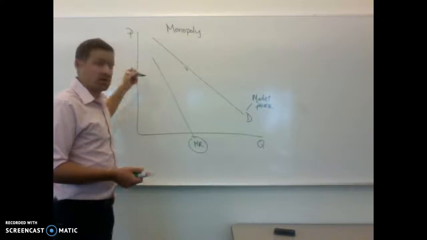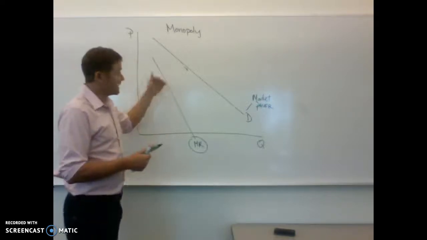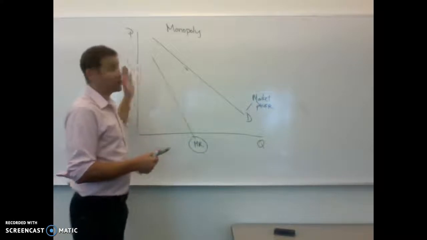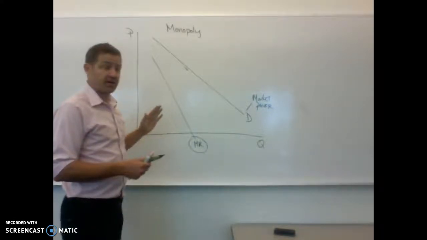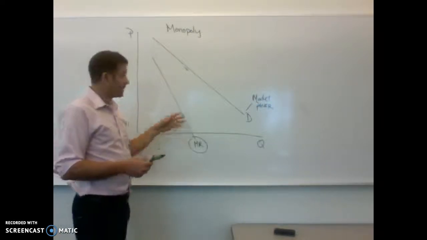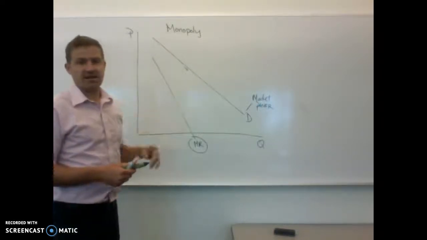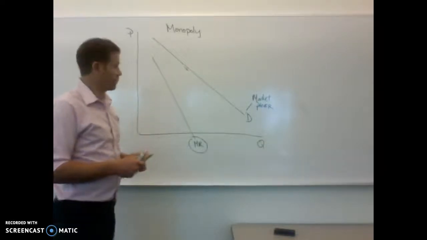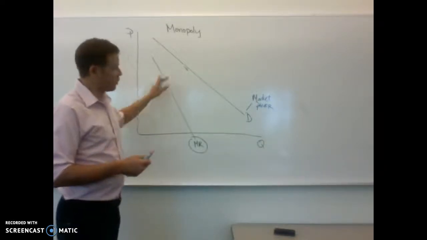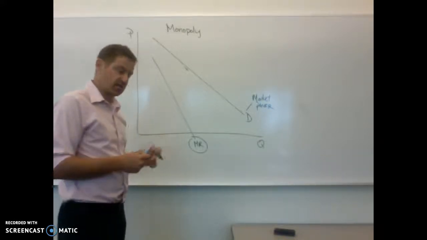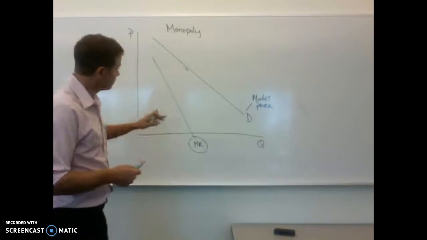So if you're lowering your price on the next unit, that means you have to lower your price on all the units that you've sold beforehand, okay? And so the marginal revenue for each and every unit after that is going to be less than what you sold it for, right? So that is why the marginal revenue occurs that way, and if you look in the lecture slides, you can see it points it out a little bit.